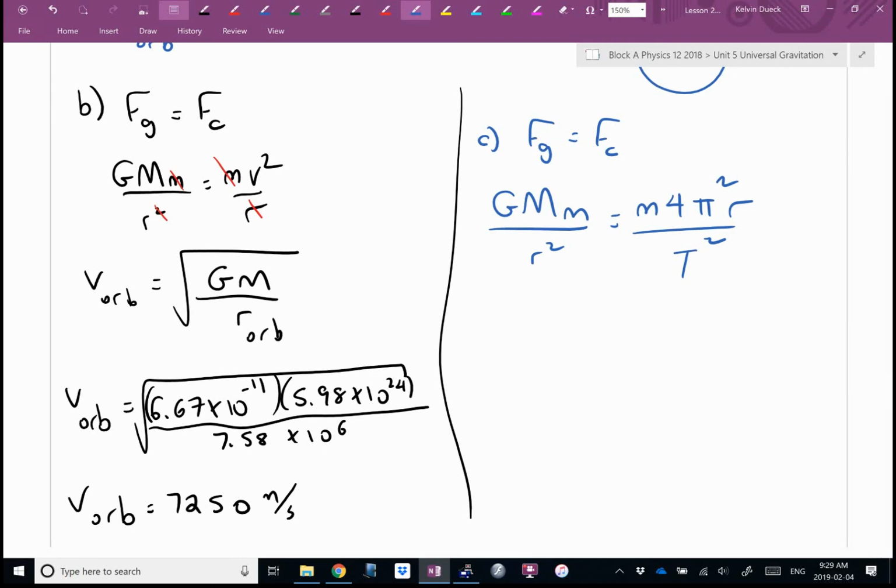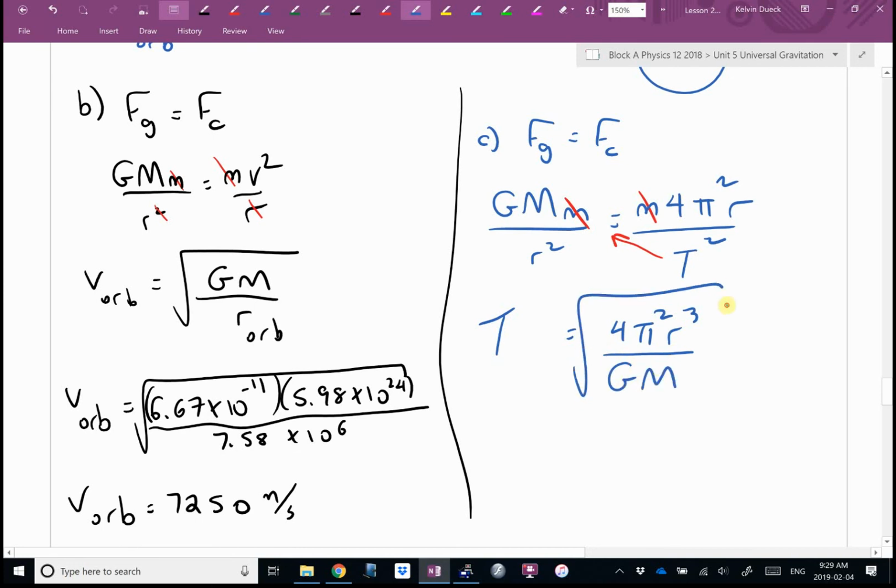Does an r cancel this time? But an m does. This time we want to get t by itself. I'm going to multiply the t squared up to there, and I'm going to have a 4, a pi squared, and r cubed, and then divided by big G, big M, square root.